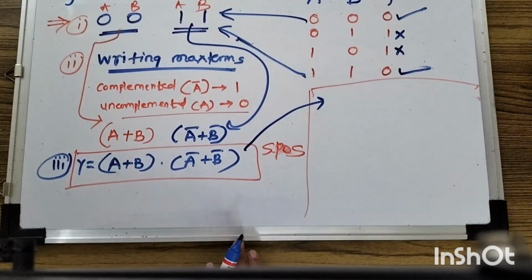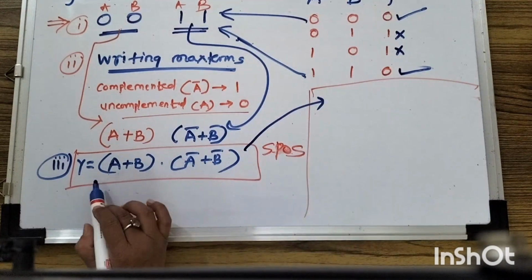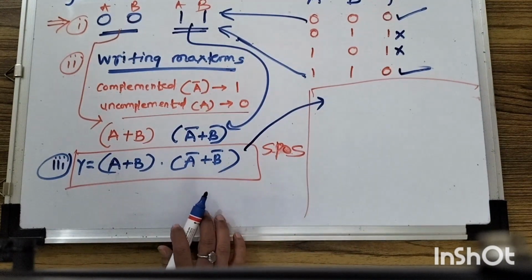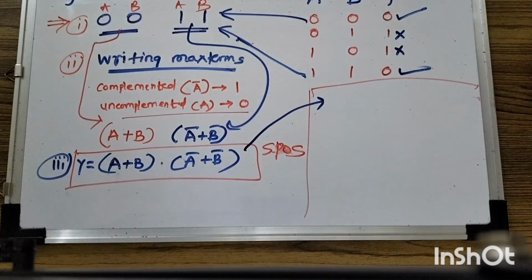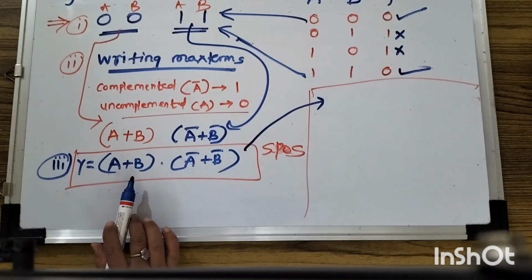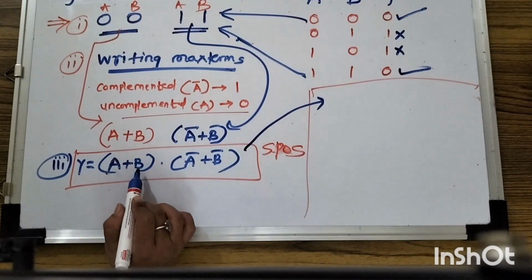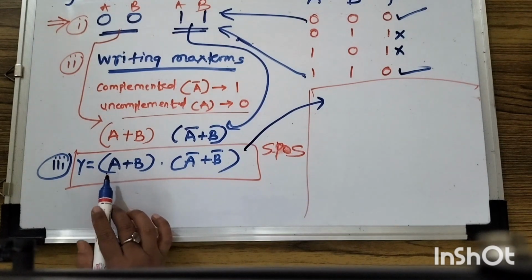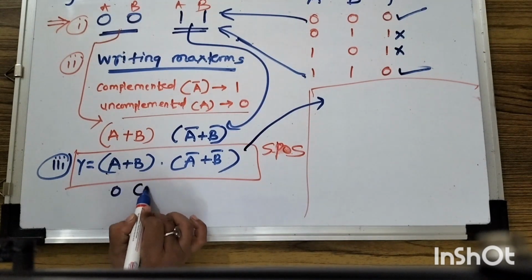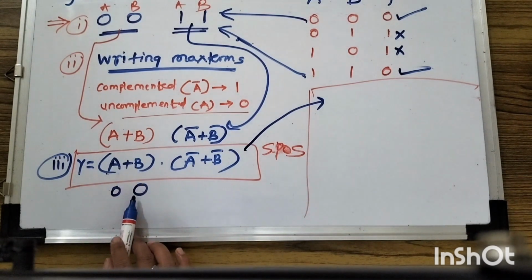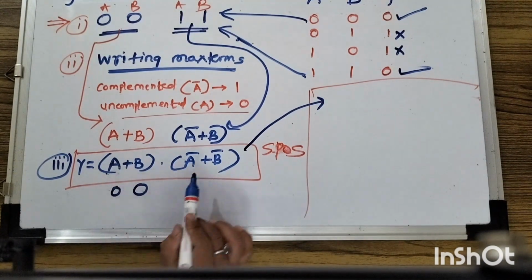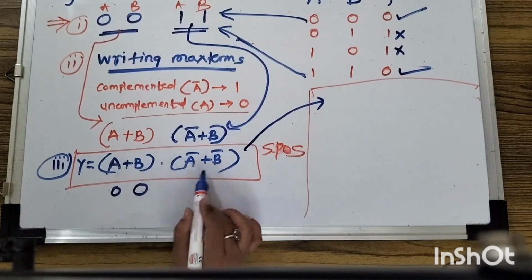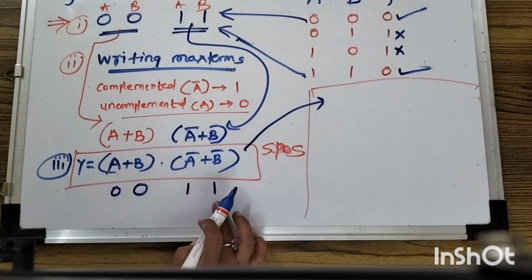The first step is that for this logical expression, you have to write the binary number associated with each max term. The binary number associated with this max term, AB, is 0 0, because in a max term uncomplemented is taken as 0, and here complemented is taken as 1, 1. So this is my binary number.